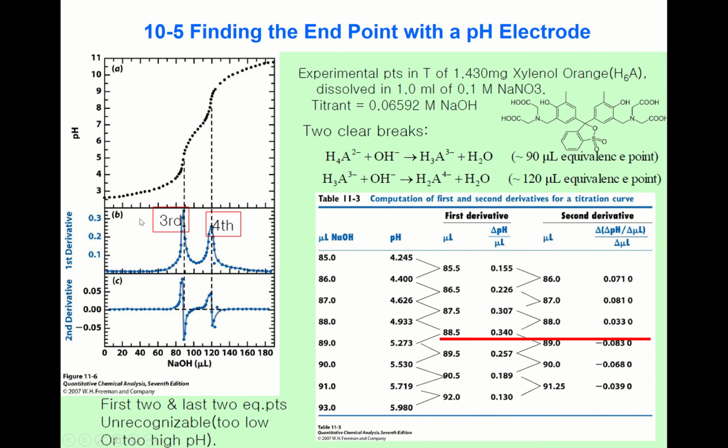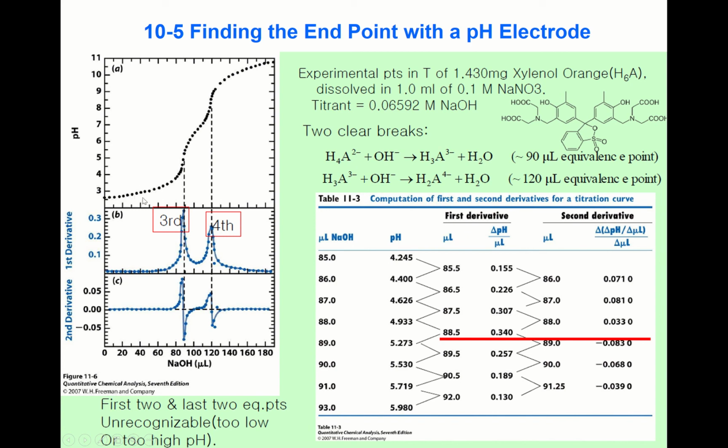What do you think? You see, the first and second dissociation constants of this compound, K1 and K2, are rather large, so they do not show any distinct pH change.